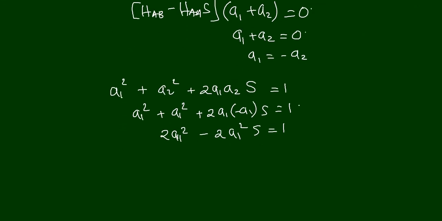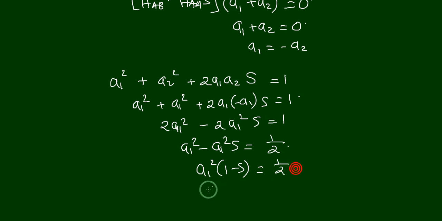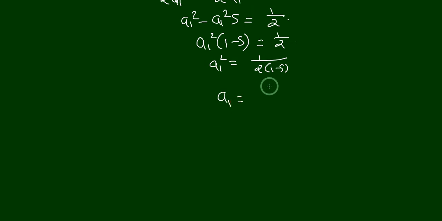So we have a minus sign there, and we can write it like A1 square minus A1 square S is equal to 1 divided by 2, and A1 square into 1 minus S is equal to 1 divided by 2, and therefore A1 square is equal to 1 divided by 2 into 1 minus S, and therefore A1 is equal to 1 divided by root of 2 into 1 minus S. In the other case, where we substituted for E plus, we got 1 divided by root of 2 into 1 plus S. Okay, so this is A1.